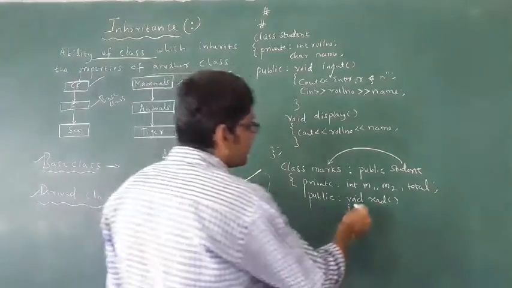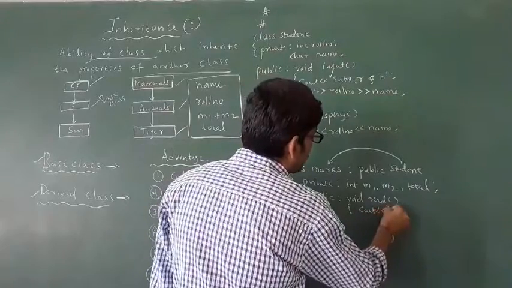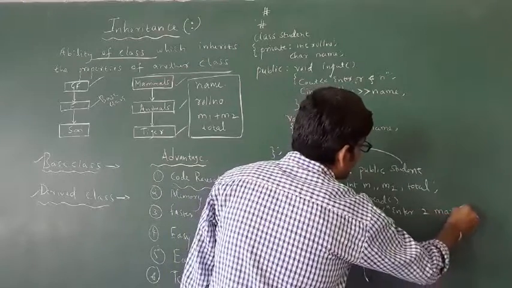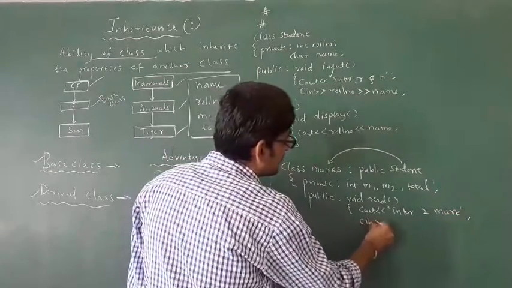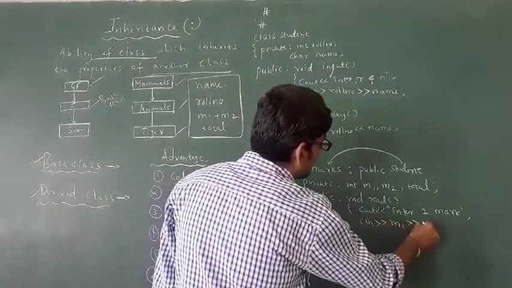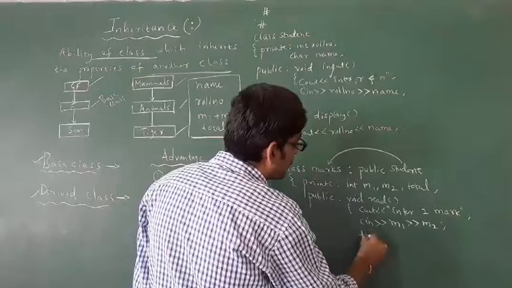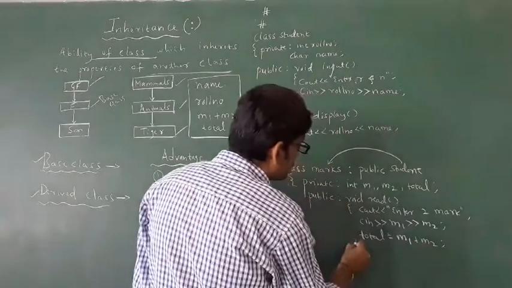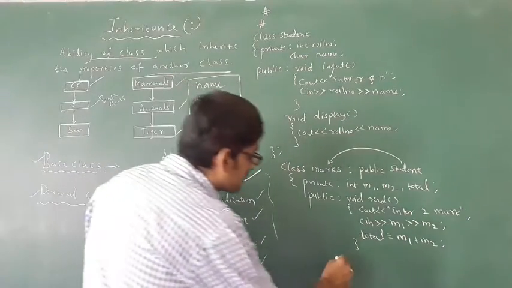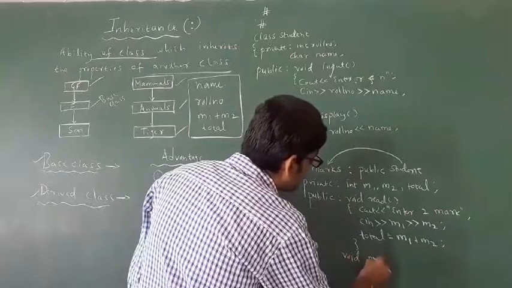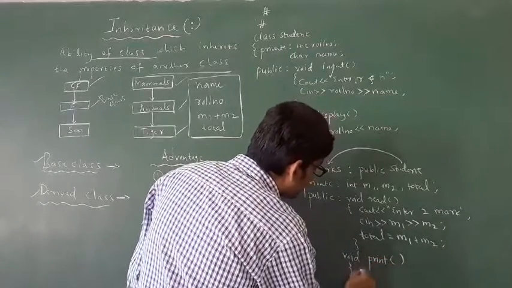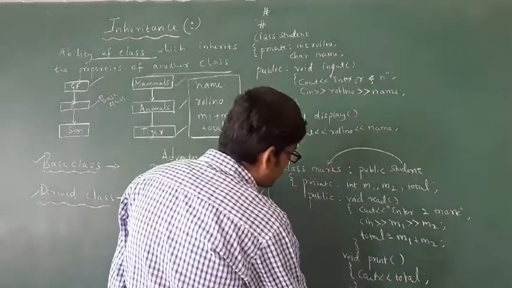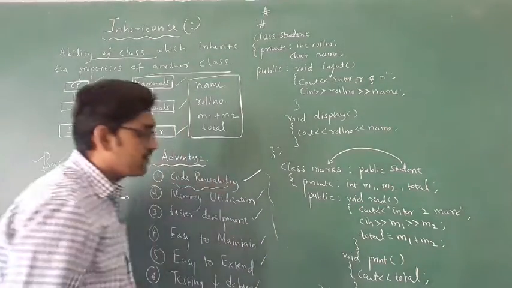In read I am writing cout, enter 2 subject marks, then cin m1, then m2. Then total equal to m1 plus m2. Then I am taking void print. In print I am displaying cout total marks, total, and close the bracket, then close the class.